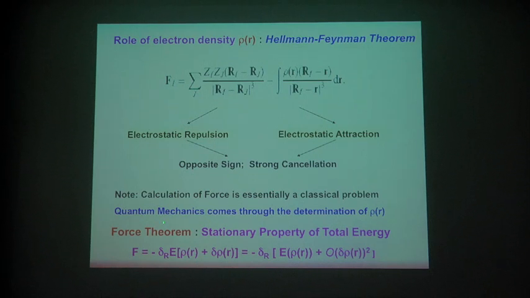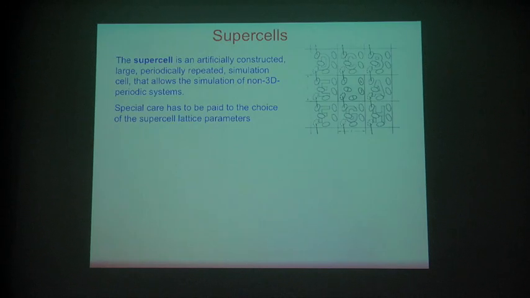But this itself is one full lecture. I just wanted to impress upon you that there is a very heavy cancellation between these two terms, and the role of electron density is extremely important while estimating the so-called Hellman-Feynman force. I think this is sufficient here. I cannot go into further details on this.